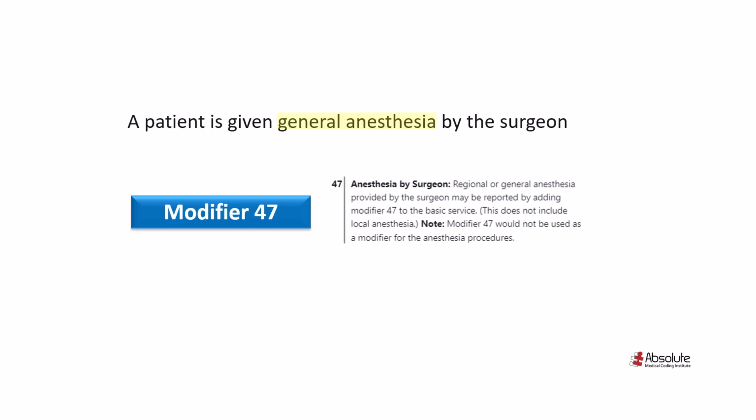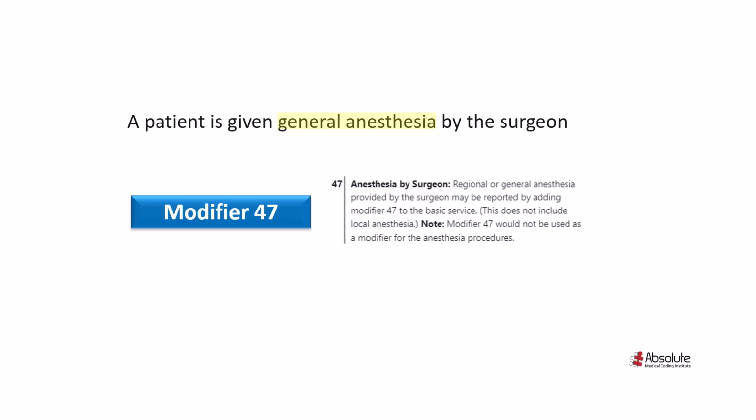So this is the modifier for regional or general anesthesia provided by the surgeon. It may be reported by adding modifier 47 to the basic service. So your surgery code is the code that you use, and you'll append modifier 47. And this does not include local anesthesia. Remember, this is general and regional anesthesia.